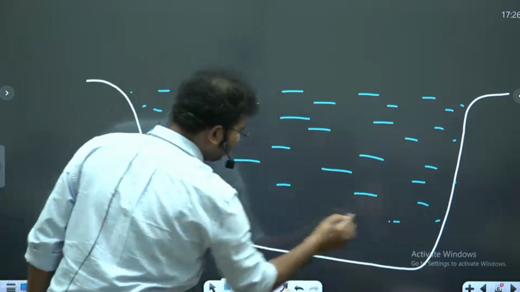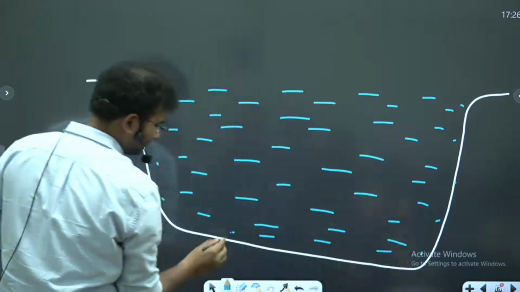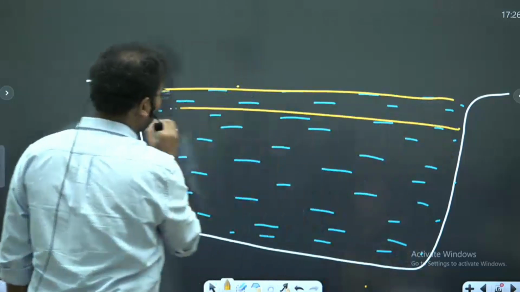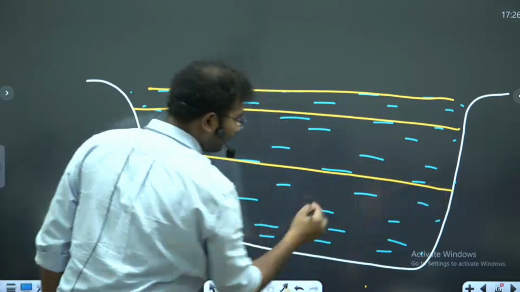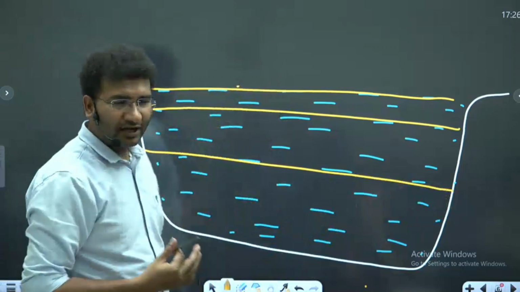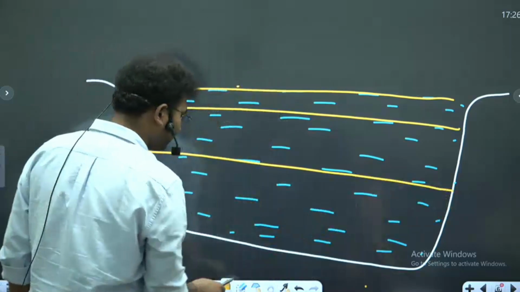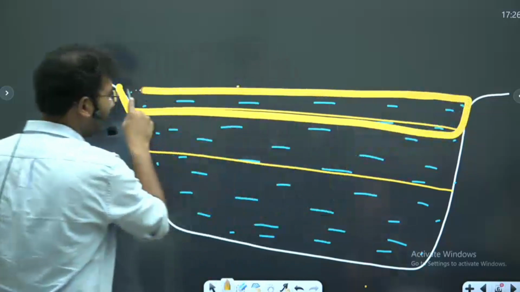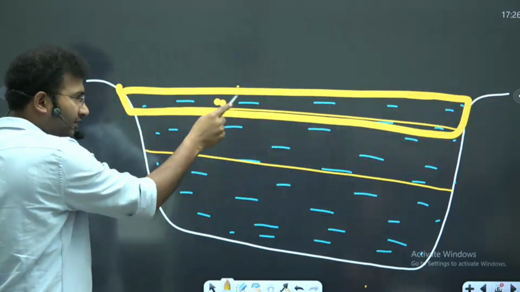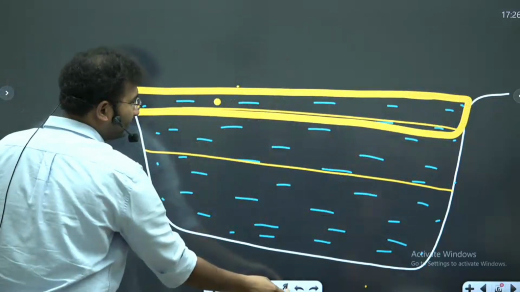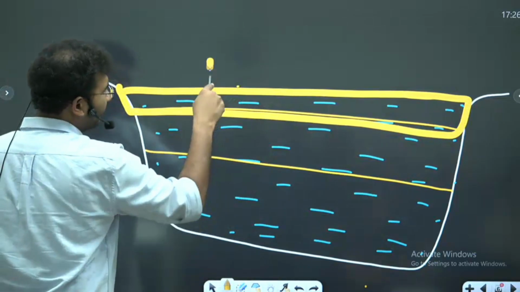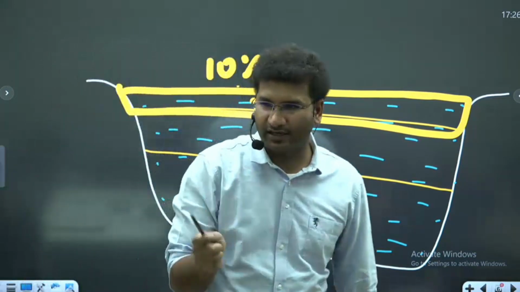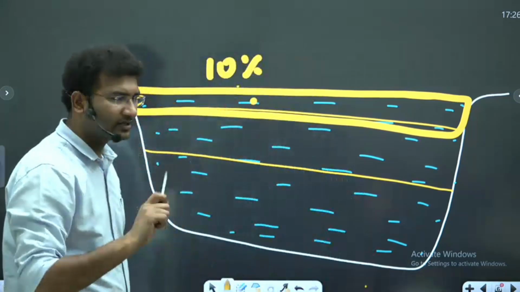And the vertical distribution of the ocean, you all remember? This is your top layer, then you have the intermediate layer, and this is your bottom. Whatever we are going to study is with respect to only this layer. I am not going into the depths. I told you the total water here is 10%, but this 10% is what decides what kind of life forms you have, and the temperature and climate as well.